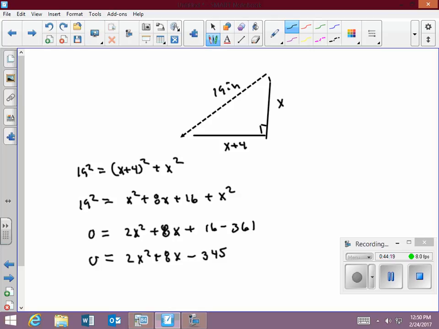Now to find it, you're going to have to factor it, right? Two numbers that multiply to it with a difference of 8.